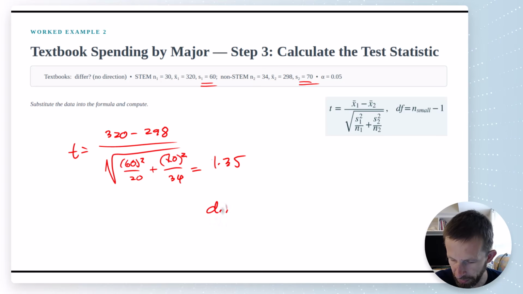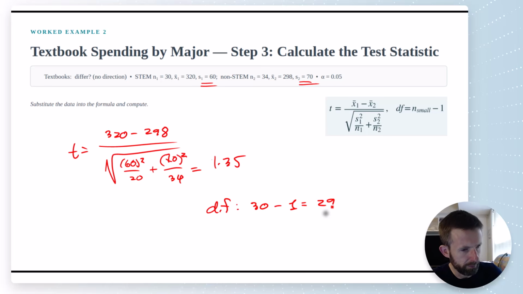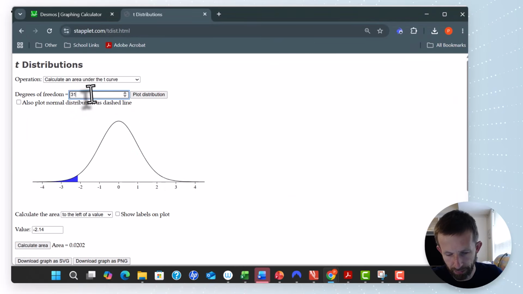With degrees of freedom, the smaller of the two sample sizes is 30, so 30 minus 1, which is 29.